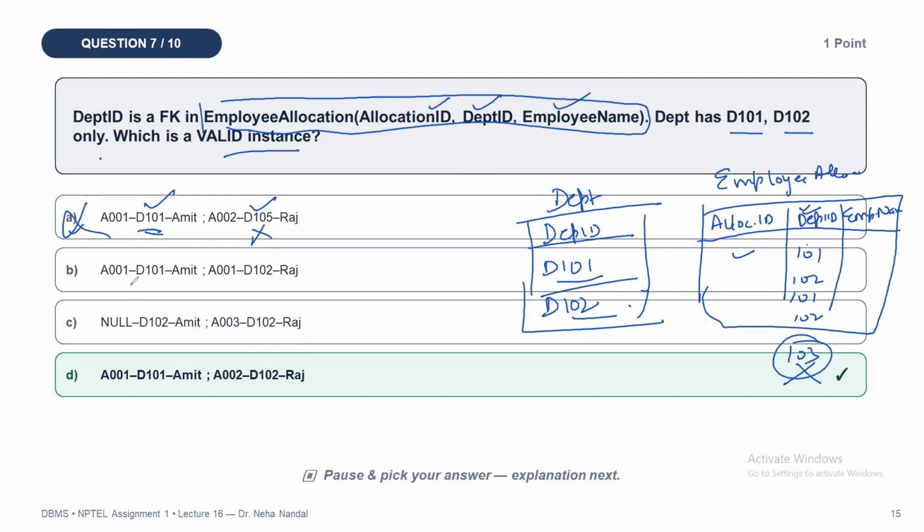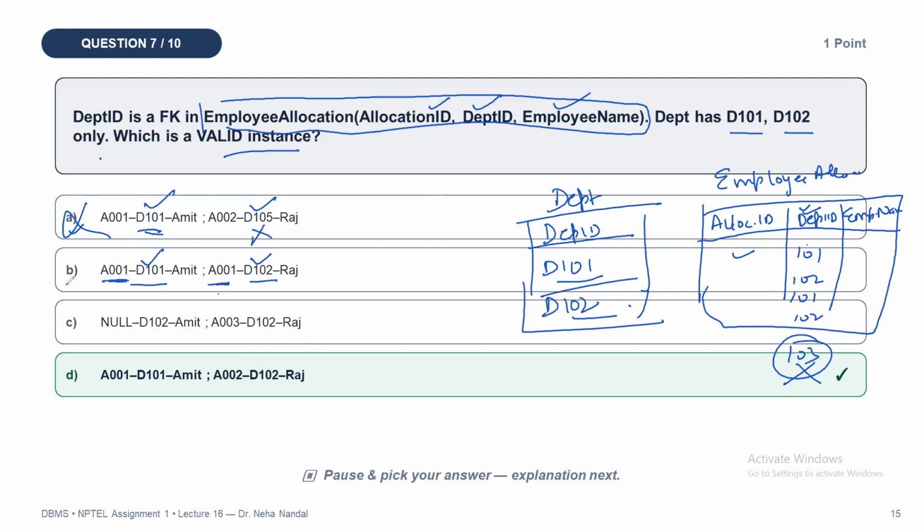Ruled out. So here, check out. Department 101 is existing. Department 102, yes, it is also existing. So that can be one answer. But see one thing: the allocation ID is the same for both of them. It cannot be the same for two people.